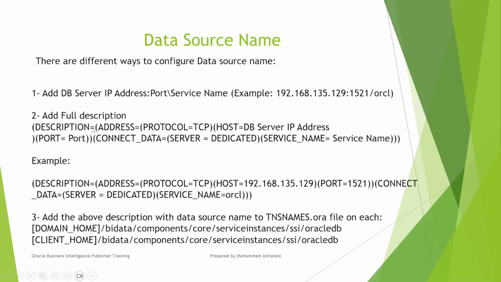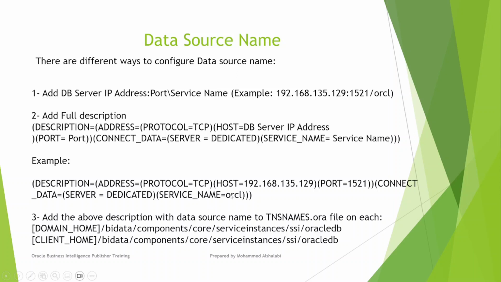Description equal, address equal, protocol equal TCP, host equal DB server IP address, port equal port, connect data. This is the main one, and here's the example. Here's the IP address, host equal IP address, port 1521, and the service name ORCL.